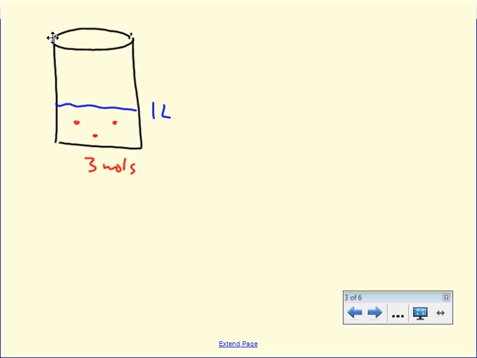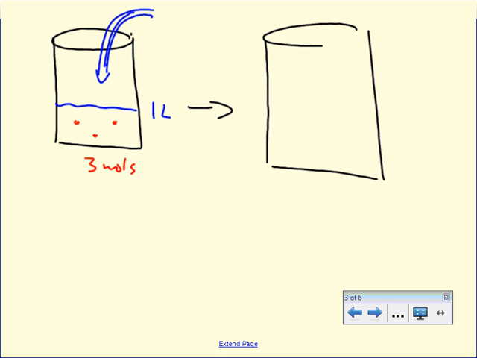If I then add more water to it and fill up that beaker a bit more, now I have 2 liters of water, but I still have the same 3 moles of my red chemical.